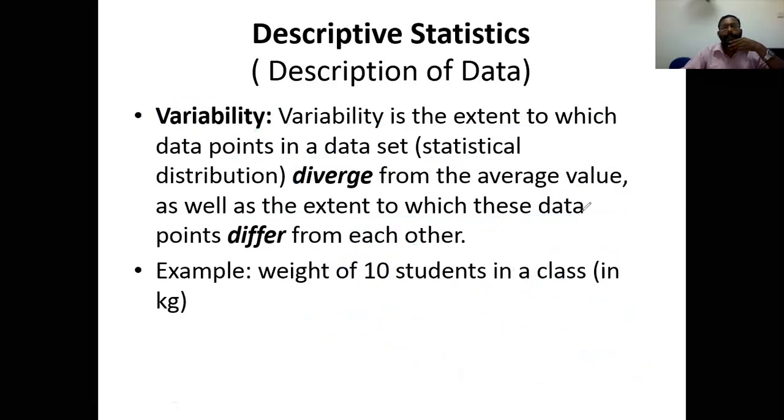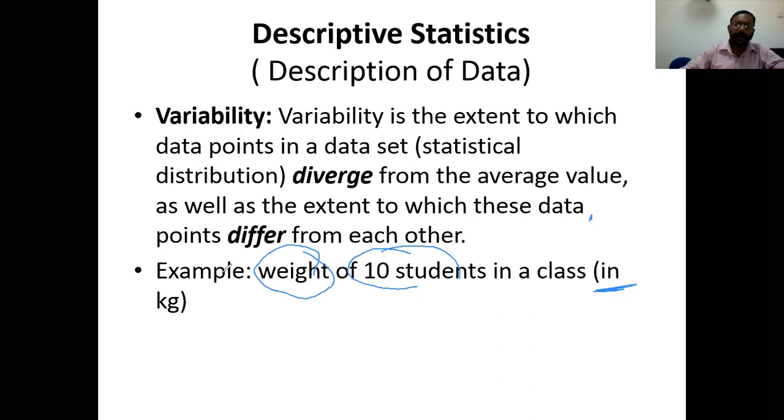Example: weight of 10 students in a class. Assume your class has 86 students, and we are taking 10 students. Randomly, we have selected the weight of 10 students, which is recorded in kilogram.